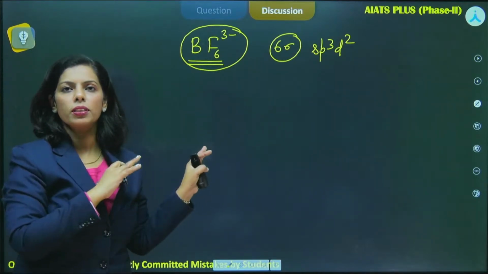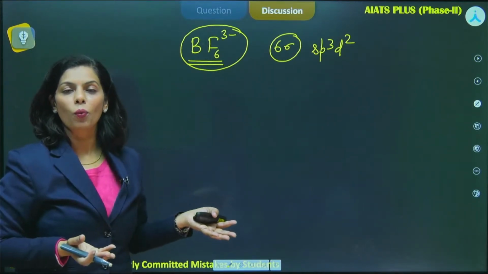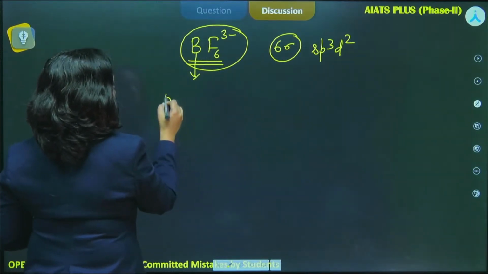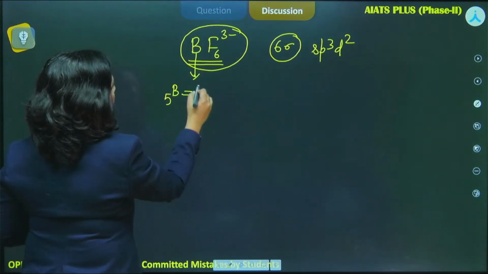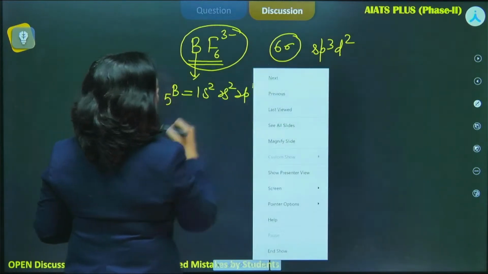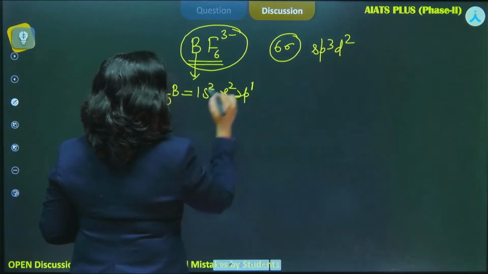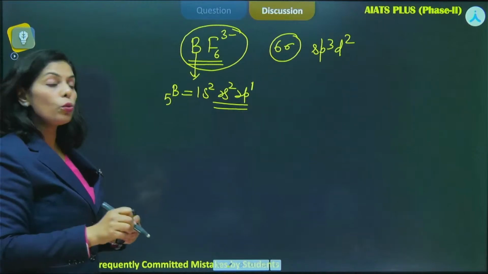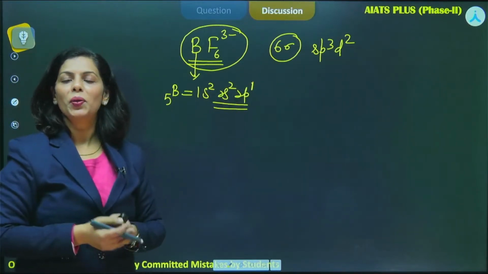Is it possible for this? Definitely no. Why? Because boron, the species with the atomic number 5, the configuration 2p1. Now just think that in second subshell, is it possible to have d orbitals?